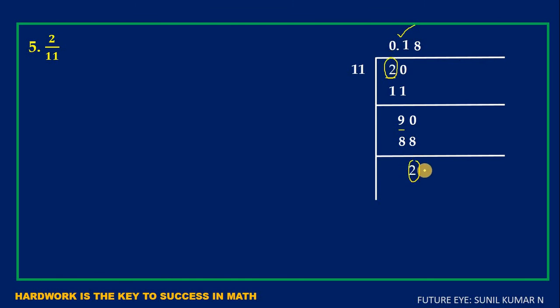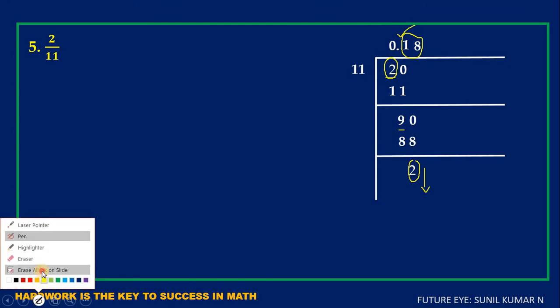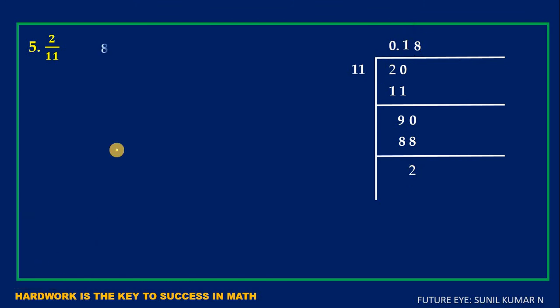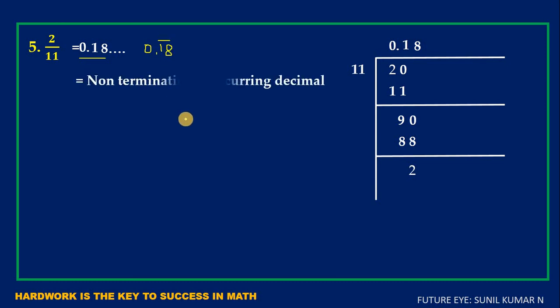It means if you continue the division process from here onwards, this 1 8 will be repeated. Hence we can write it as 0.18 and so on. Otherwise you can write it like this also, children, 0.18 with a bar over 18. Now tell me which kind of decimal. This is not at all terminating, it is non-terminating, and 18 is repeating, hence it is a non-terminating recurring decimal.